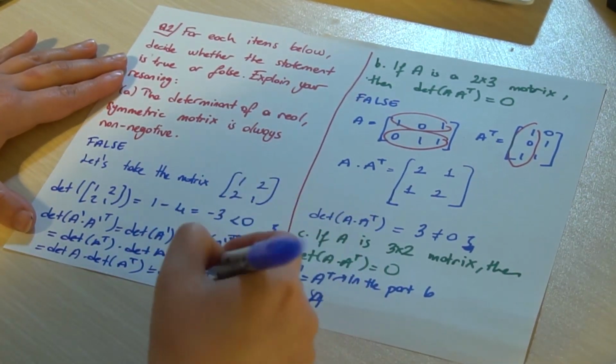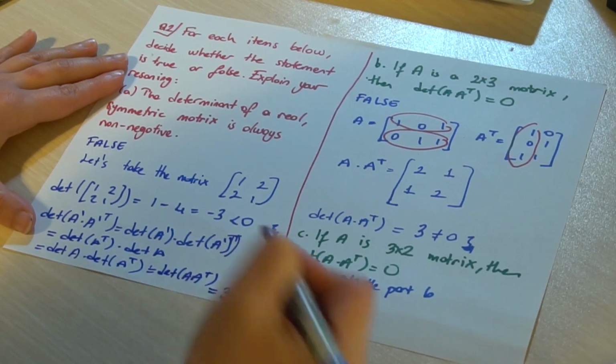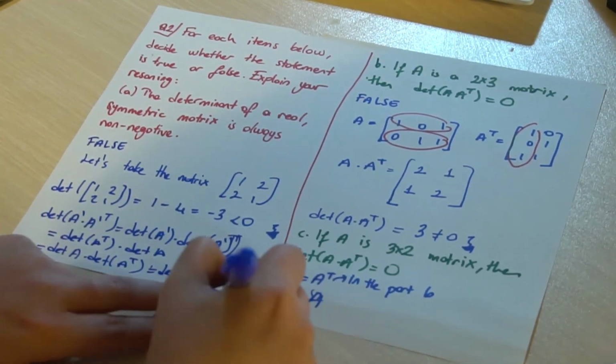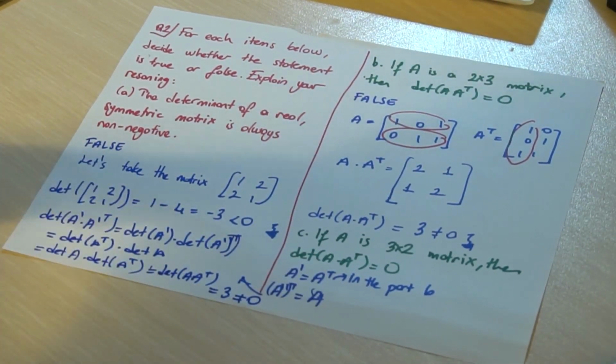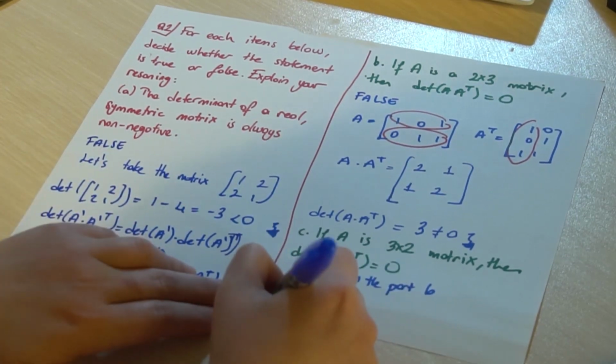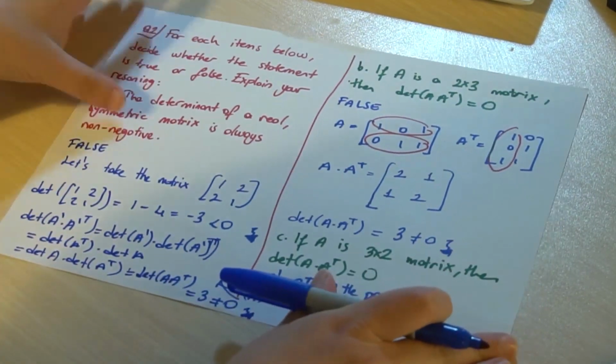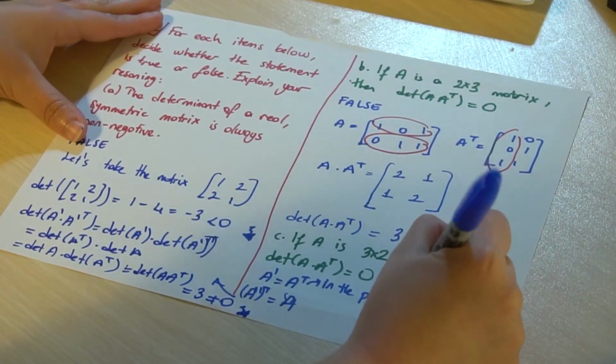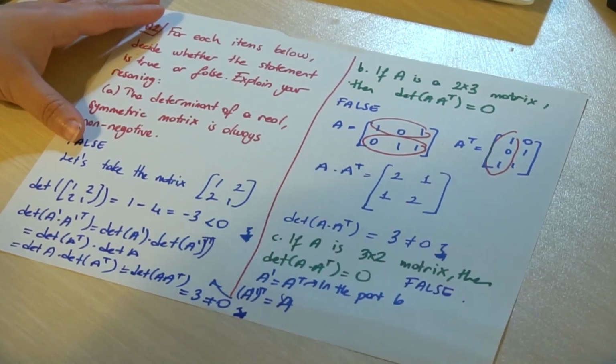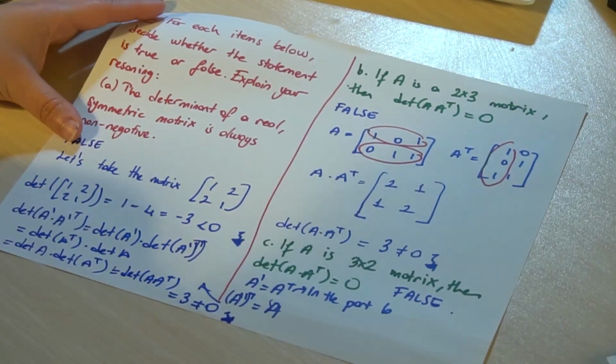And we know that this determinant is equal to 3 from above, so this is not equal to 0, so this gives us a contradiction. So this part is also false.